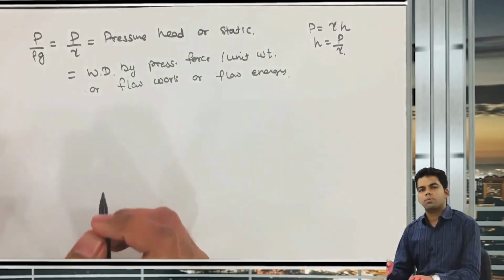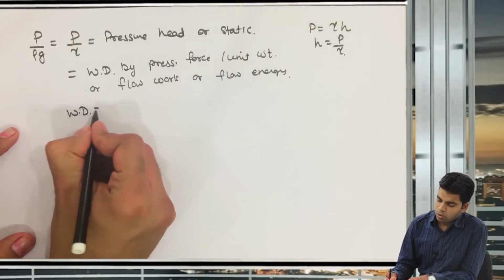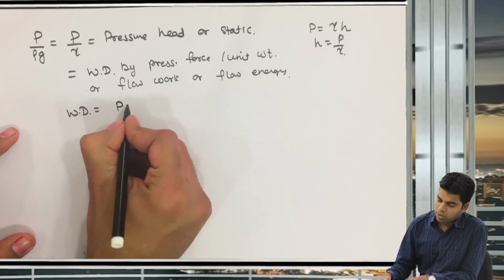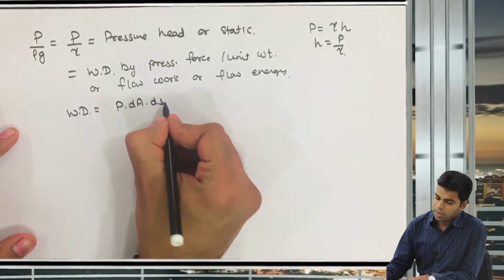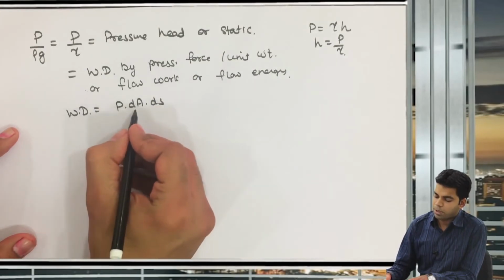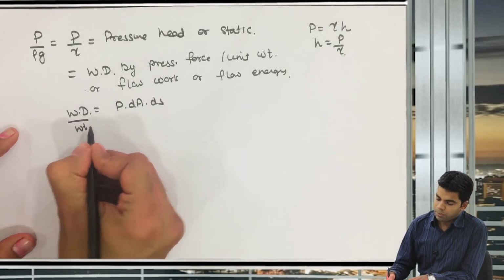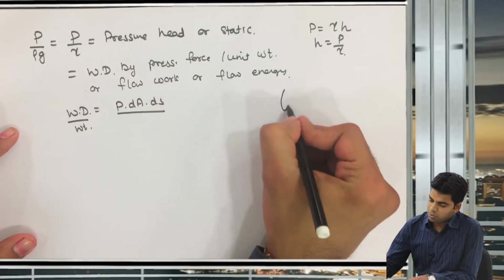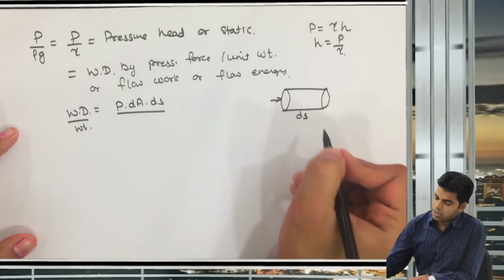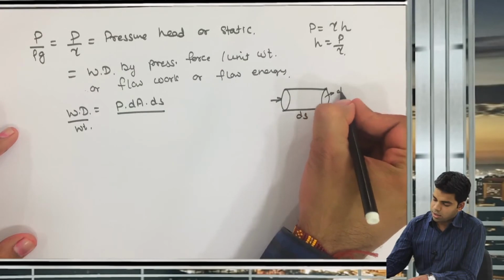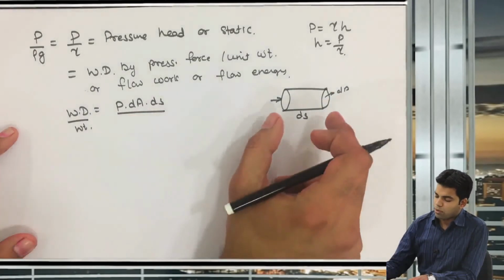Why am I saying this is work done by pressure force per unit weight? Work done, as we know, is force times displacement. Force is pressure times area. Suppose the area is dA and displacement is ds. So total work done is P dA ds, divided by weight. Now what will be the weight?